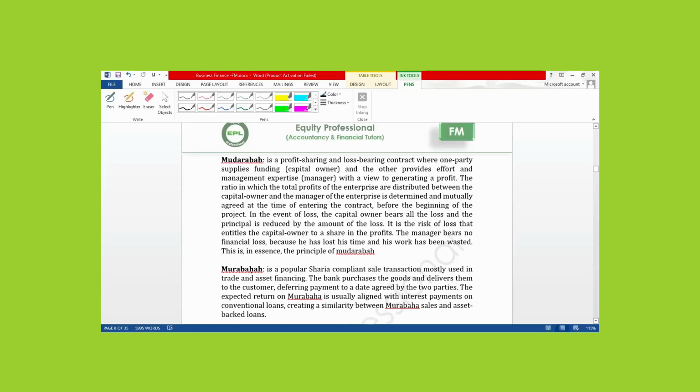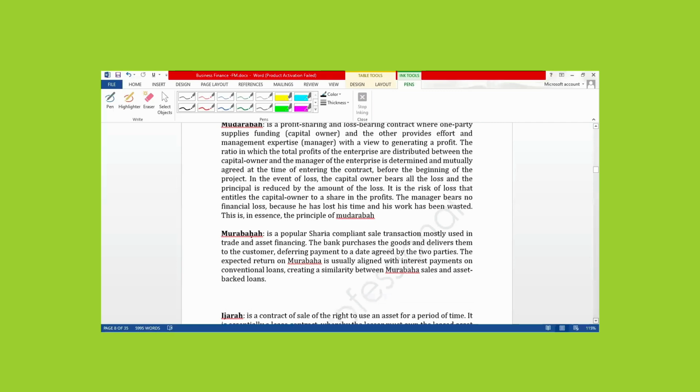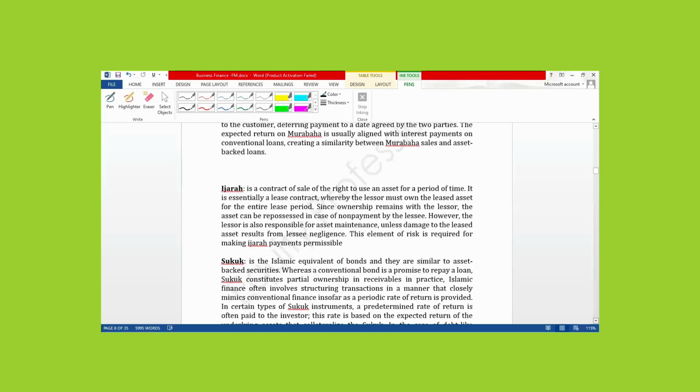That expected return is usually aligned with interest payments on conventional loans, because the bank has taken that risk for you. They will be compensated for that risk.